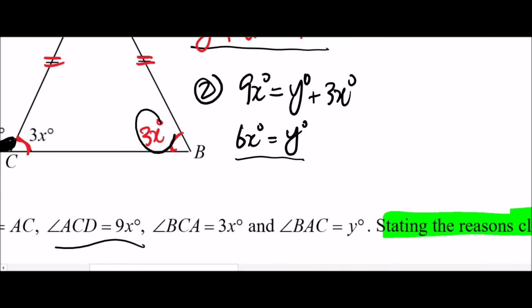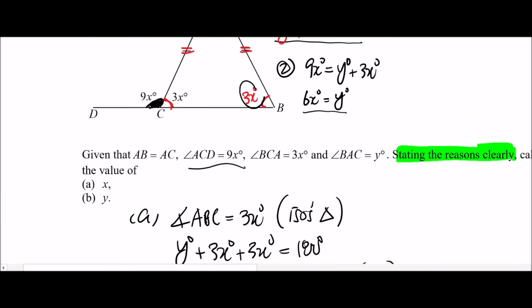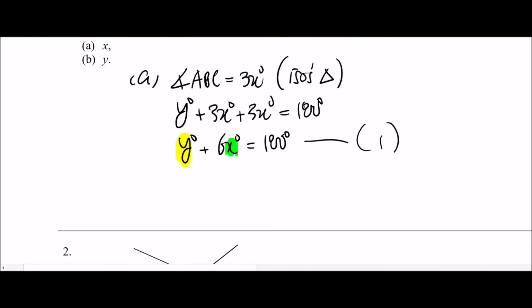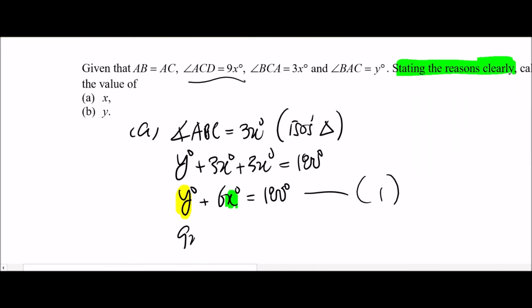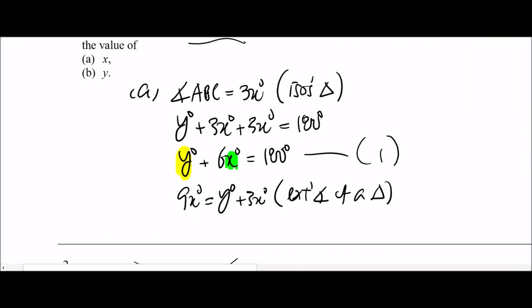This is my second piece of information. So I'm going to utilize my second piece of information here. Okay, so this is exterior angles. So we have 9x degree equals to y degree plus 3x degree. And what's the reason here? Exterior angle of a triangle. Okay, so I give the reason here immediately. From there, I reshuffle the equation.